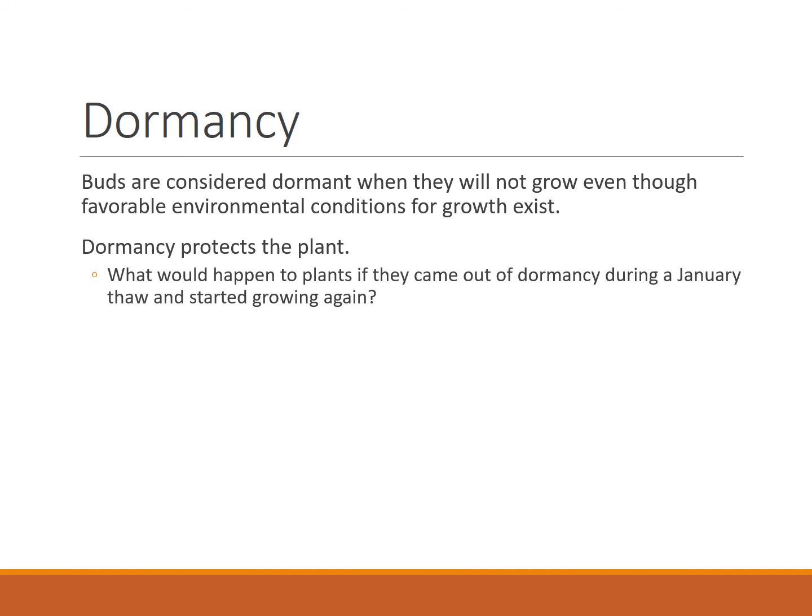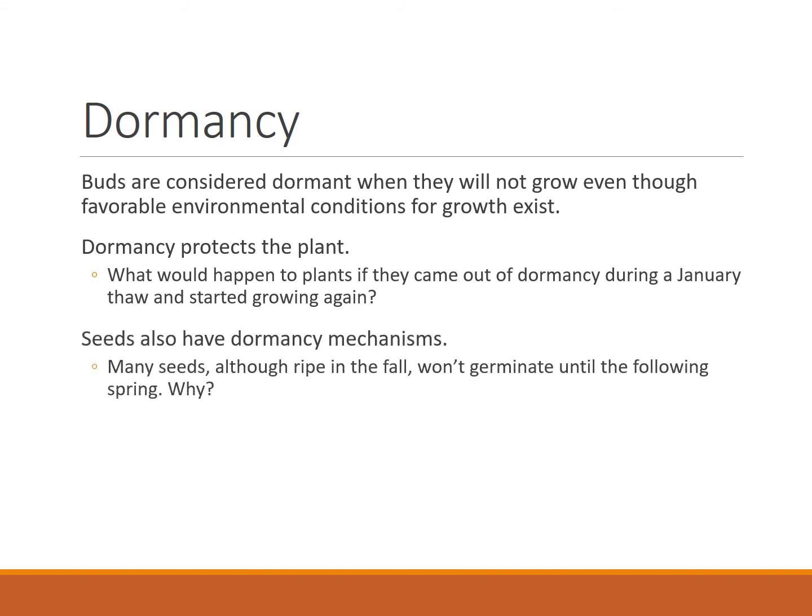Well, all that new growth will most likely be killed by freezing temperatures that are going to occur at some point in the future. So dormancy protects a plant from leafing out at the wrong time. And we also know that dormancy protects seeds. Seeds also have dormancy mechanisms, and many seeds, although they're ripe in the fall, won't germinate until the following spring.